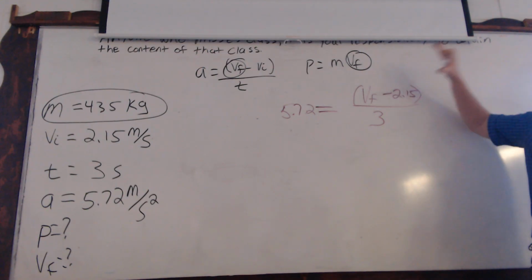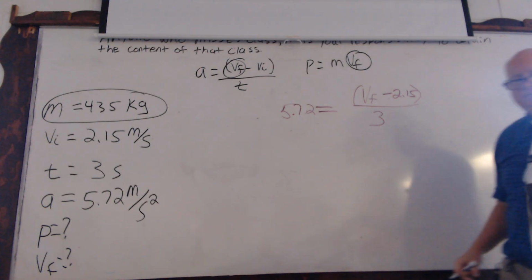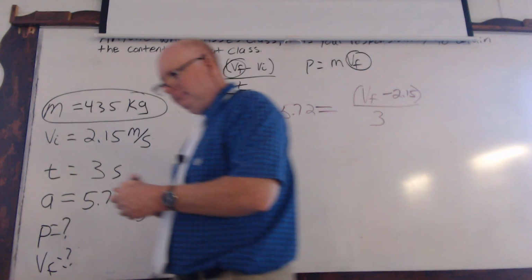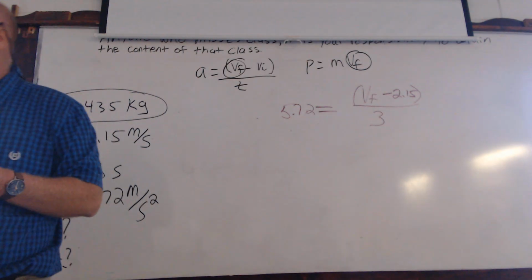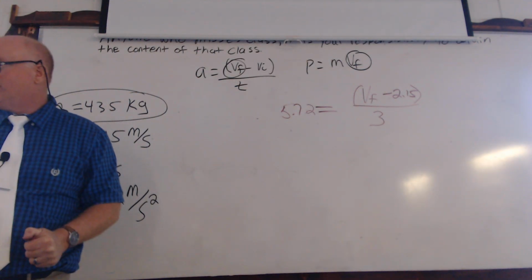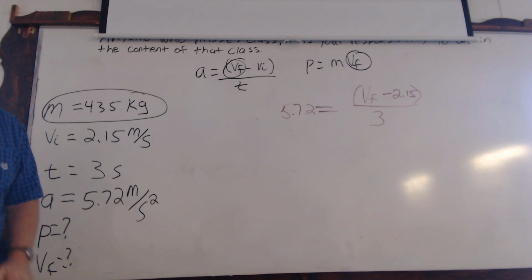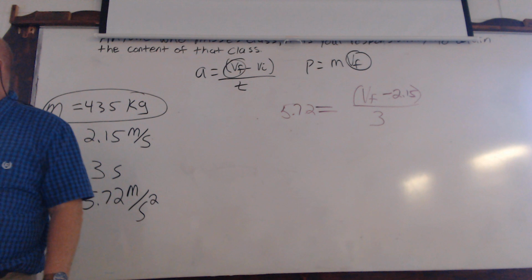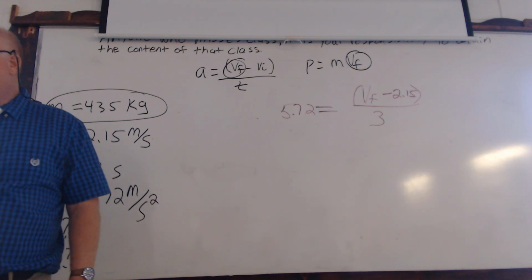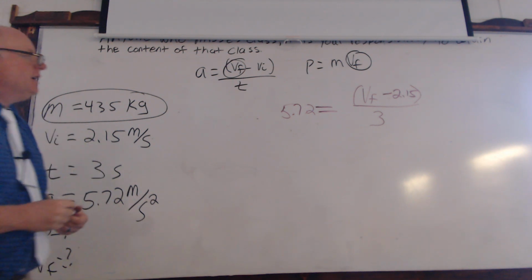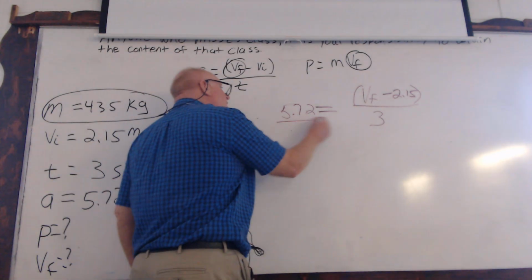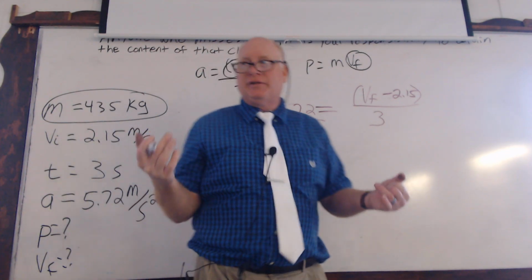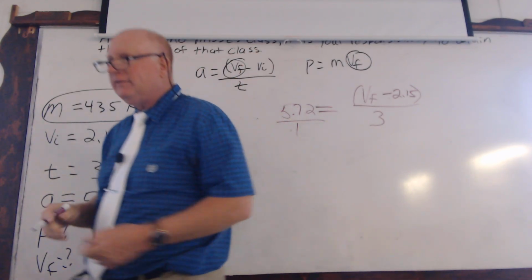So how can we get rid of this fraction? What would we do to get rid of this fraction? Someone said 1. You need to be a little more specific when you say the number 1. Because otherwise, if you just say the number 1, I think you're always talking about physical science. That's the number 1.